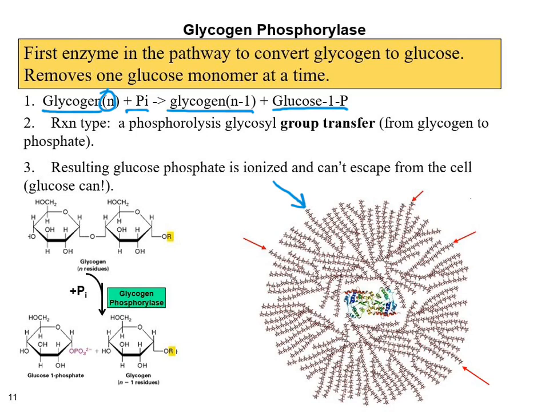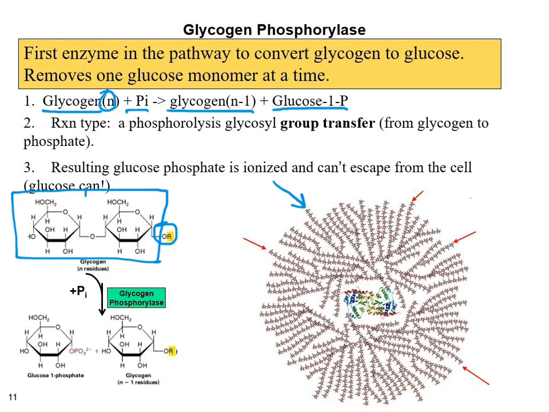Down here shows the pictorial of this. So here is our glycogen molecule right here. Notice the R, meaning there's a bunch of other stuff hanging on it, and you can see it. That's the thousands of sugar molecules that are still hanging on. So we're just looking at the terminal one, right on the edge.